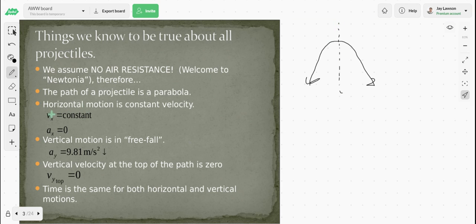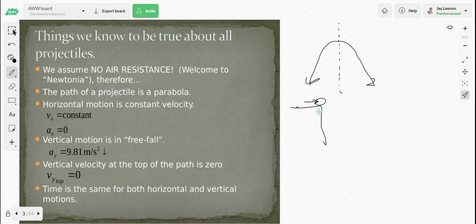So let's look at this and break it down into horizontal and vertical components. Let's look at the horizontal. This next bullet says the horizontal motion is constant velocity. When we're talking about projectiles, let's say we have a ball and somebody kicks it.